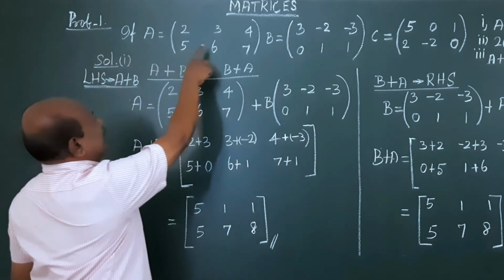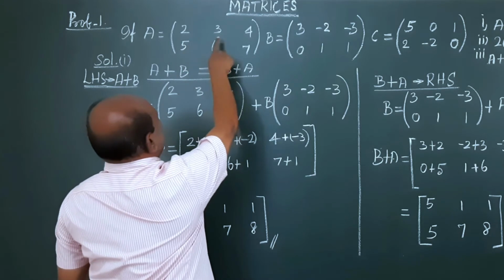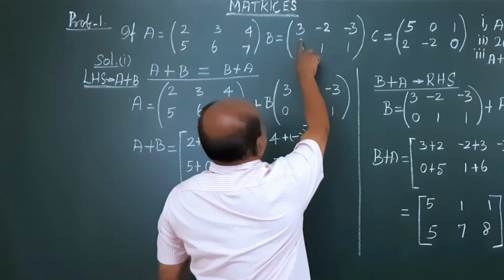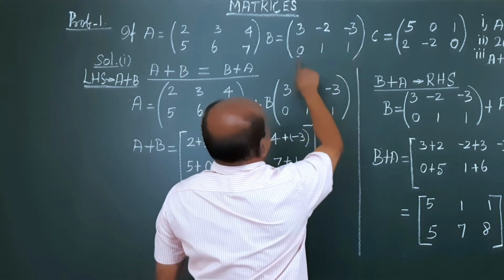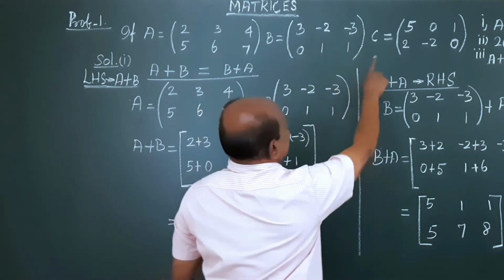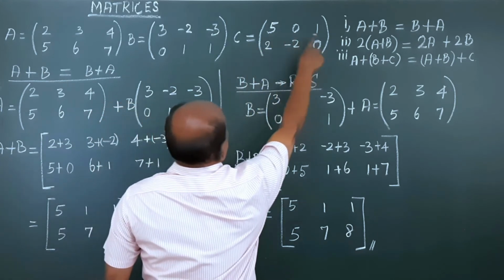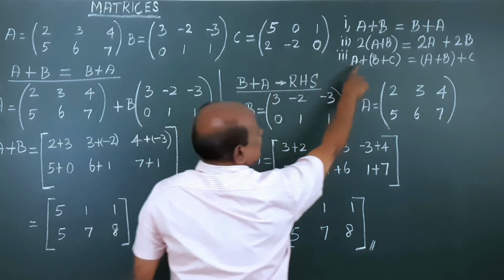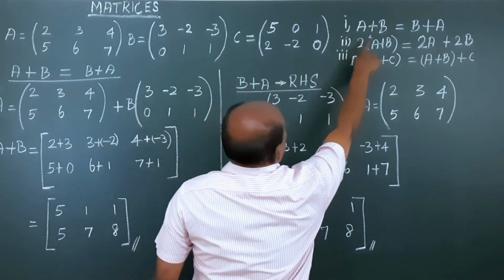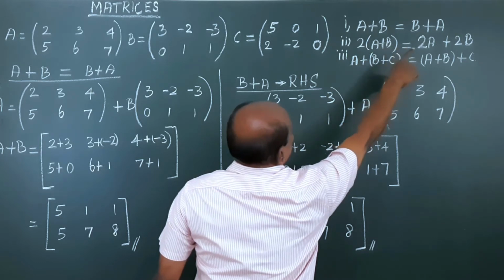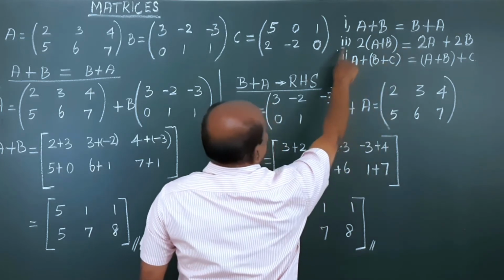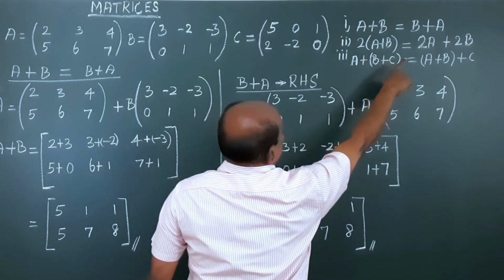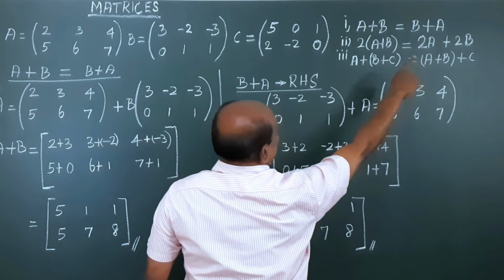If A equals 2, 3, 4, 5, 6, 7, B equals 3, minus 2, minus 3, 0, 1, 1, and C equals 5, 0, 1, 2, minus 2, 0, you have to show A plus B equals B plus A. The second one is 2 into (A plus B) equals 2A plus 2B.